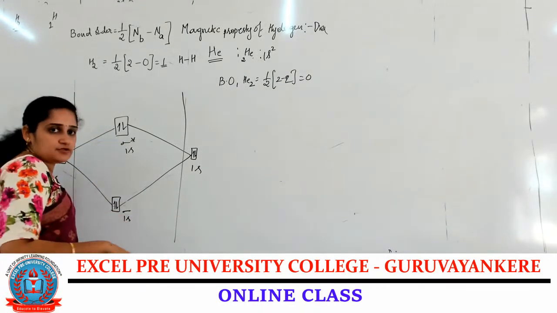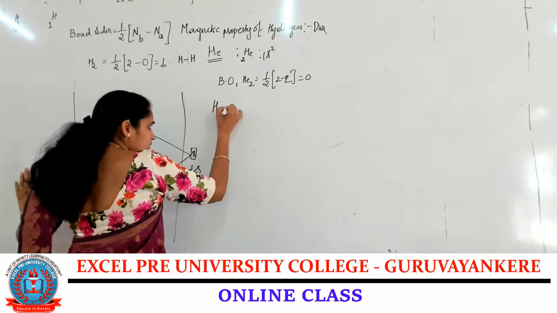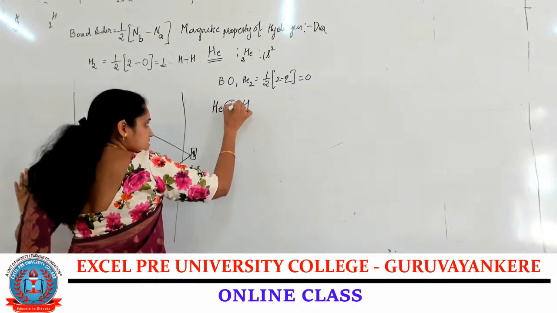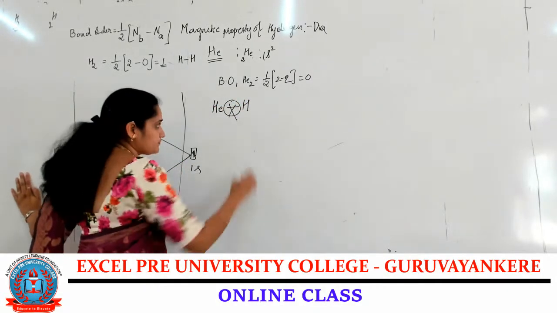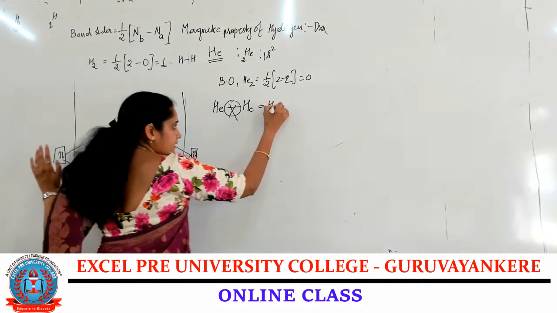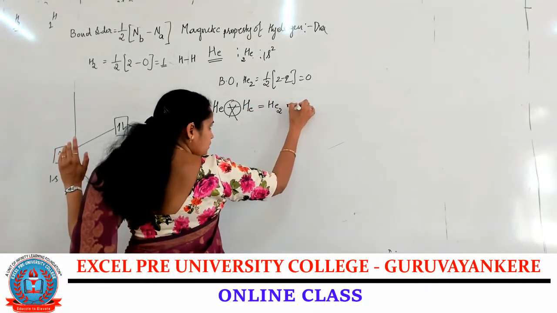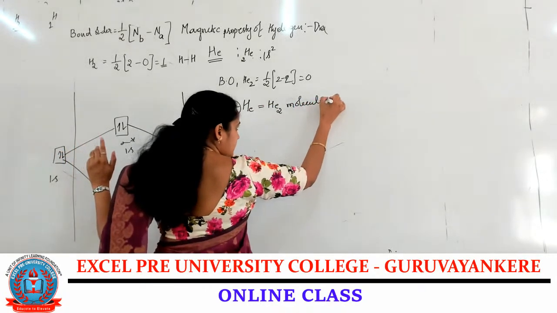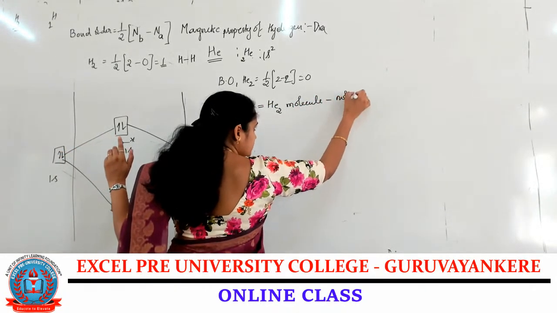So it is equal to 0. So between helium and helium, this bond does not exist. So the helium molecule He2 itself does not exist.